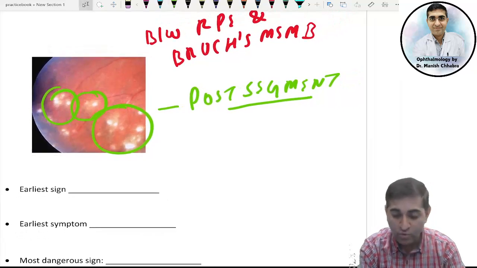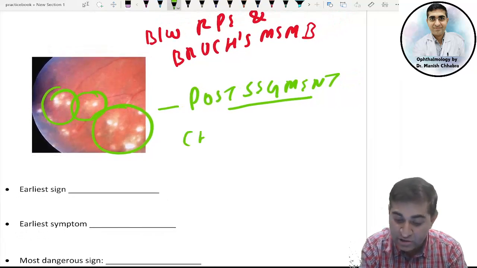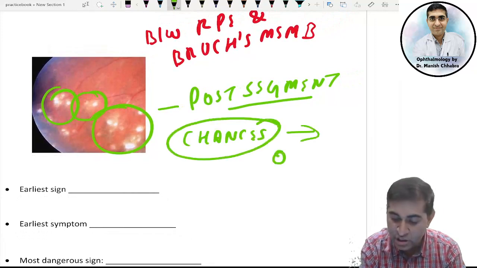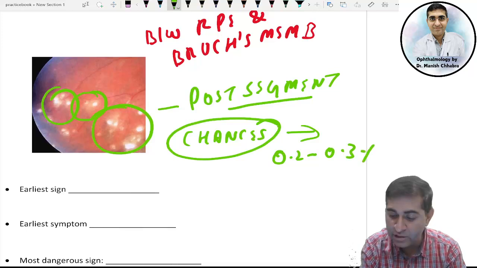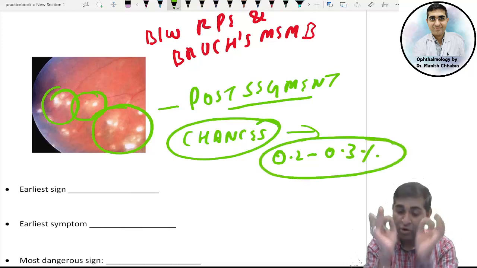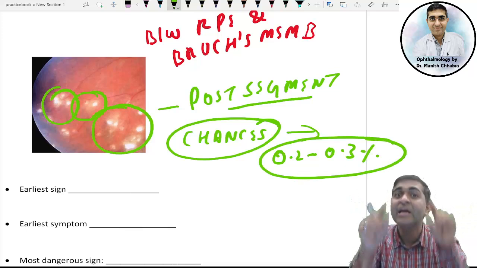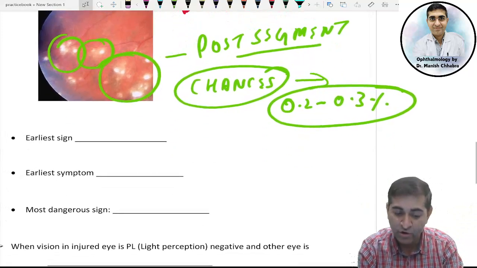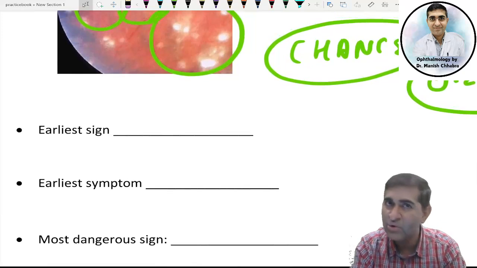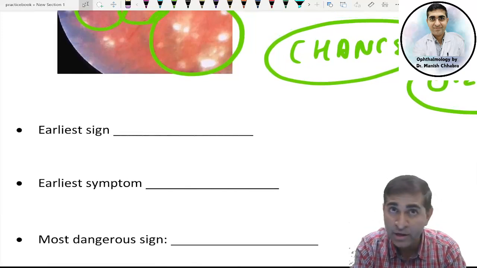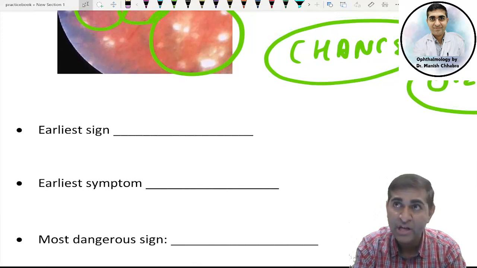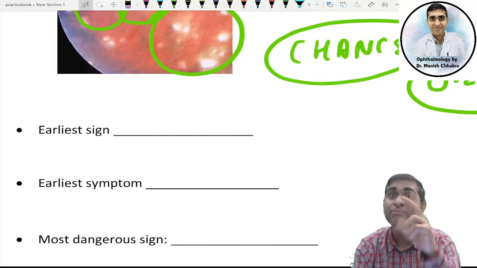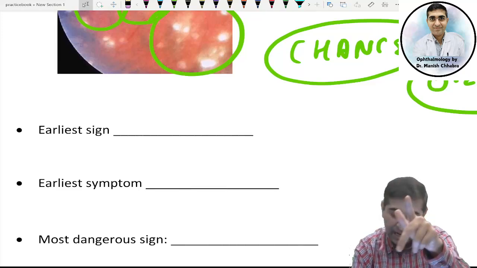Now I also want you to know that the chance of sympathetic ophthalmitis in any injury is just 0.2 to 0.3%. Okay, this single line I'm going to use while telling you the treatment of sympathetic ophthalmitis. Now, what will be the earliest sign? What was happening in sympathetic ophthalmitis? There was damage to the ciliary body, uveal antigen, retina S antigen.